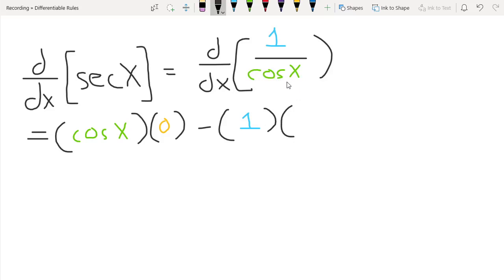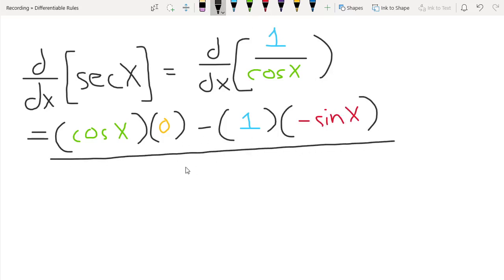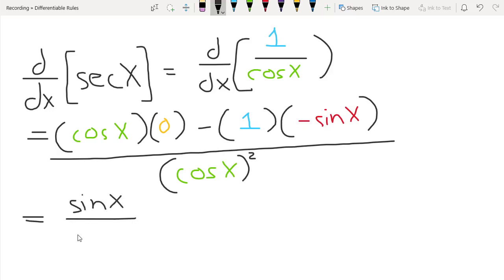So the derivative of cosine of x is negative sine of x. So let's do that. Negative sine of x. And this is all over cosine squared of x, or cosine of x to the power of 2. So for time purposes, let's say we simplified all of this, we would get sine of x over cosine squared of x.